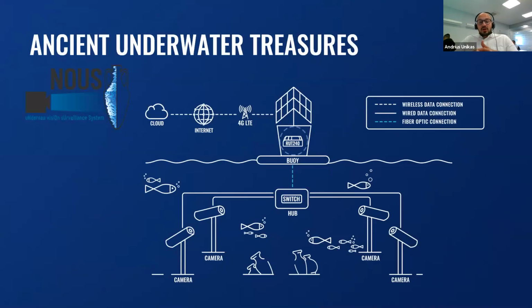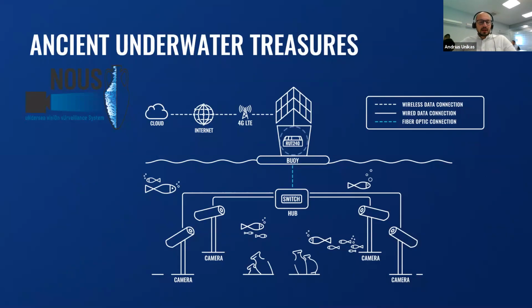Noose, a company which installed this solution, has an innovative system prototype that can continuously monitor an underwater area of interest. It combines artificial intelligence for the marine and diving industry, eliminating the need for a human operator to perform tasks like object detection, image classification, monitoring, and hundreds of others.